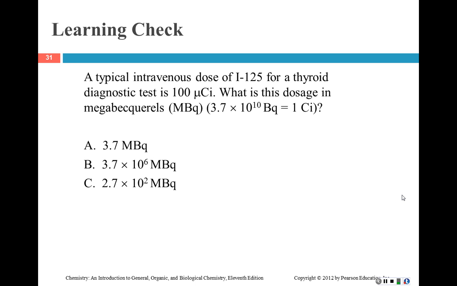The diagnostic test is using 100 microcuries, that's 10 to the minus 6 curies, and it wants to know what's the dosage in megabecquerels, and 3.7 times 10 to the 10 becquerels equals 1 curie. So put me on hold, look up some of those conversion factors, try to work this, and then come back.